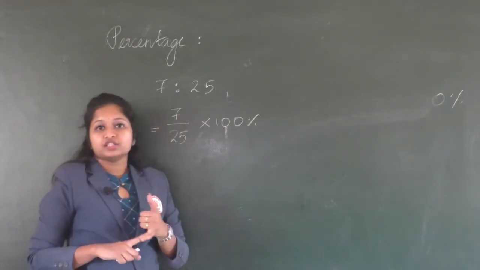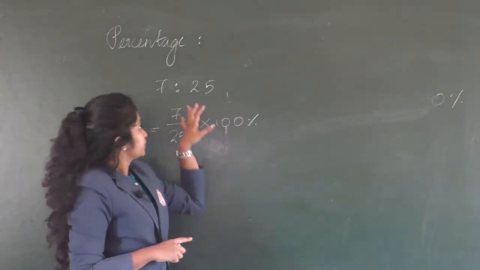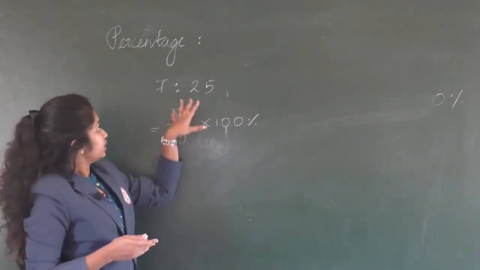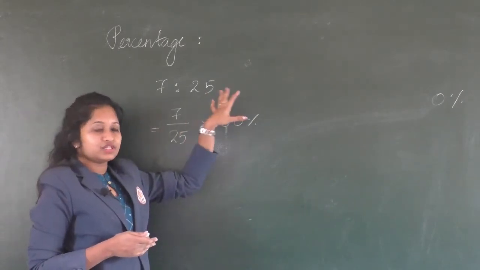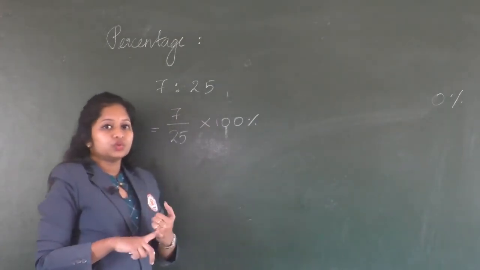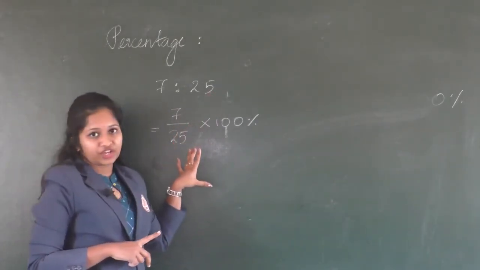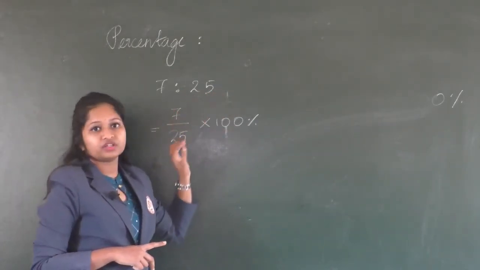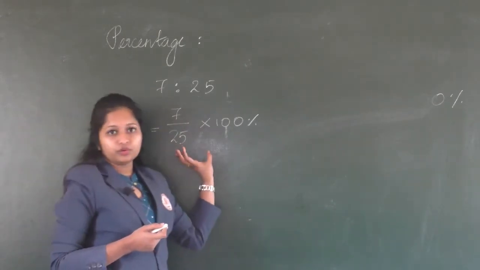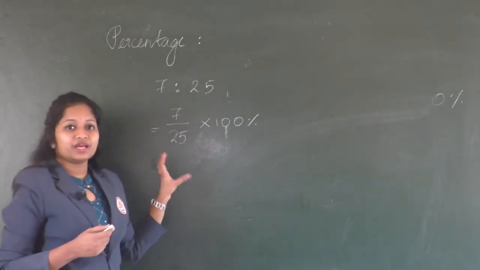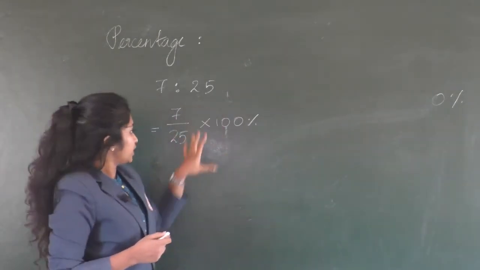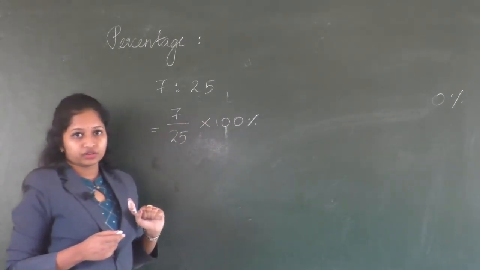Now it's a turn for ratios. How to convert a ratio to percentage? Here I have a question, 7:25. So the first point is convert the ratios to fraction. So 7:25 can be written as 7/25. Now this is in the form of fraction. So just multiply this fraction by 100. So 7/25 into 100.